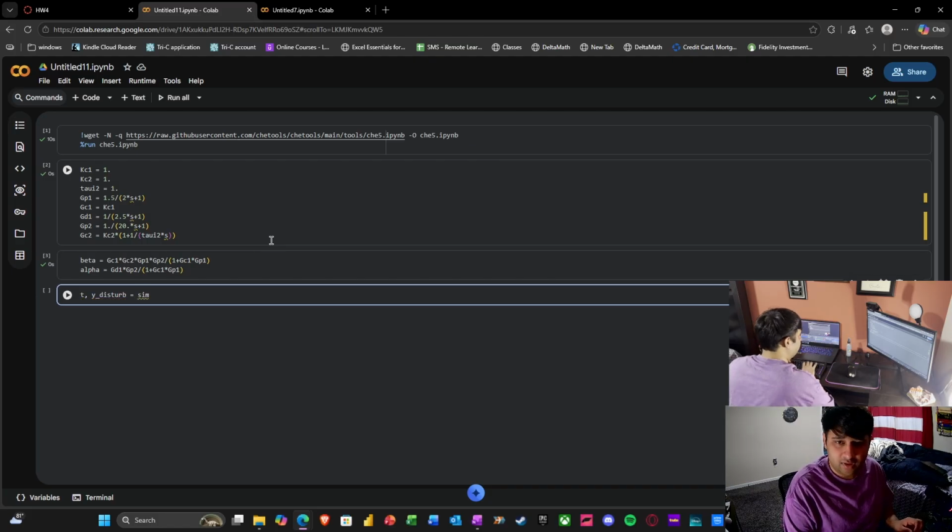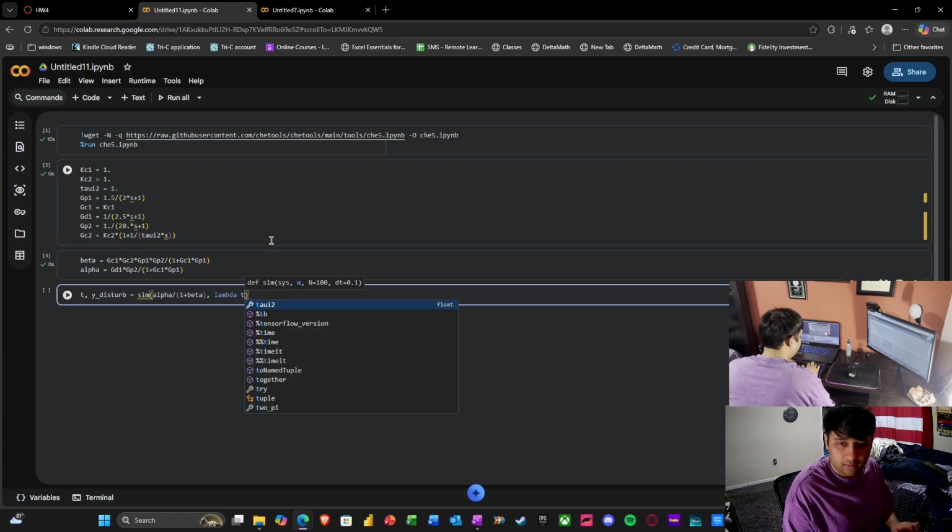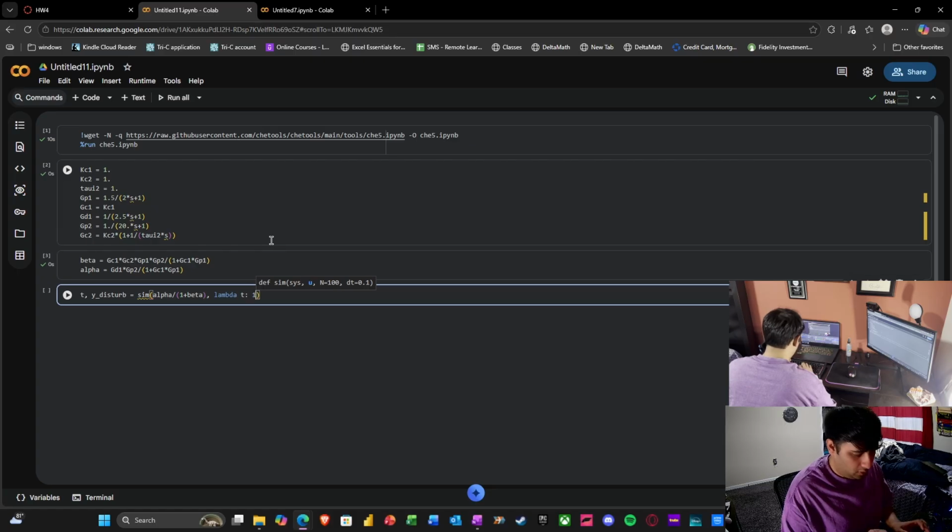So if we do sim, our alpha divided by our 1 plus beta, which is what we just saw. This will be lambda t of 1, n equals 500, and then dt equals 1.